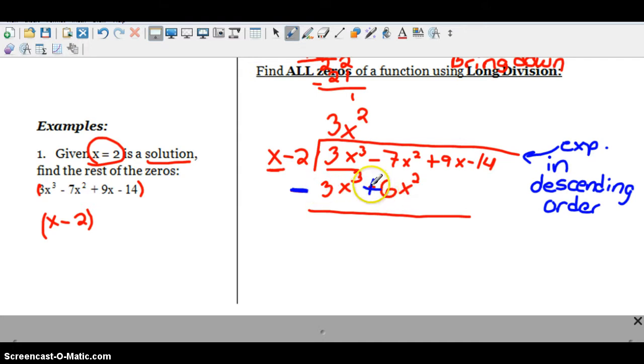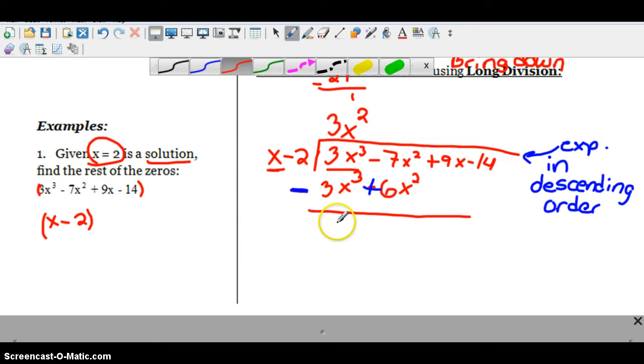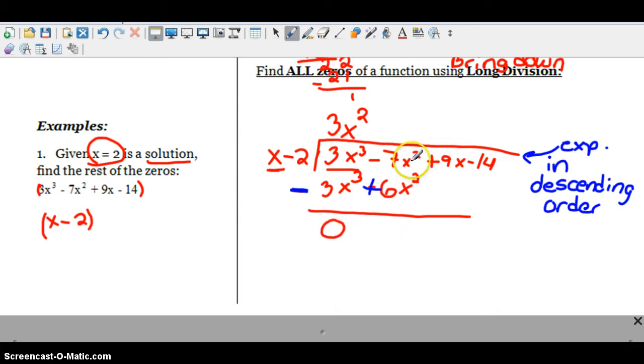So I have to make sure that I distribute that negative to both of these terms. Okay? Subtract 3x cubed minus 3x cubed, I have nothing left. Negative 7x squared plus 6x squared, I get negative x squared. Okay, I'm going to go ahead and bring down plus 9x, and then I'm going to start this process again.